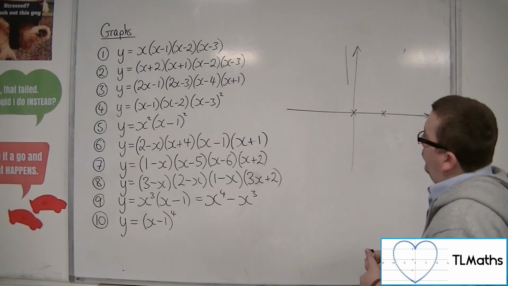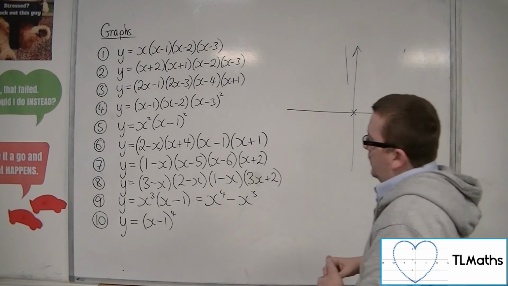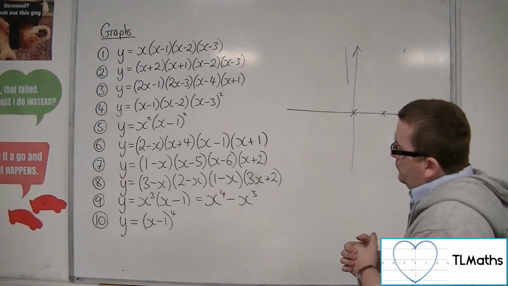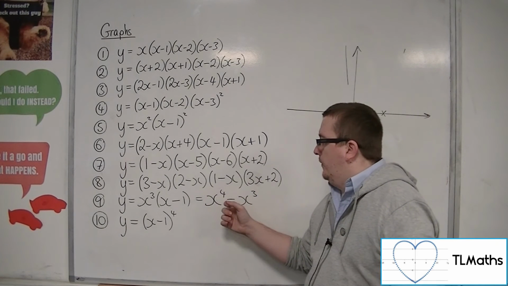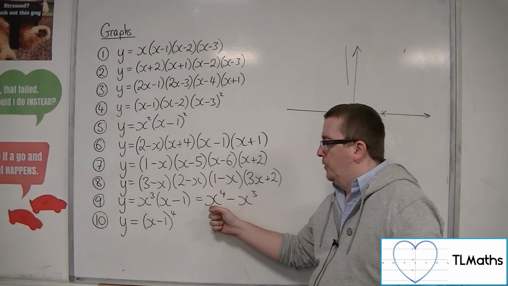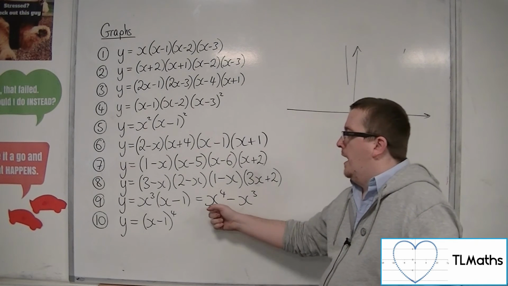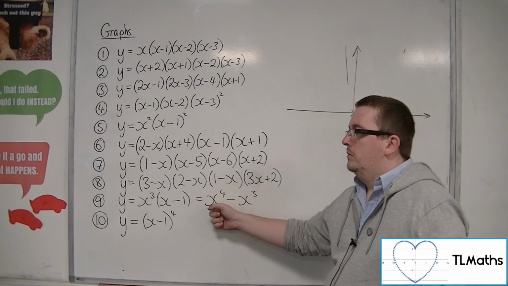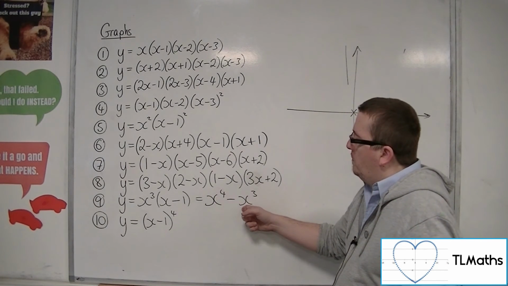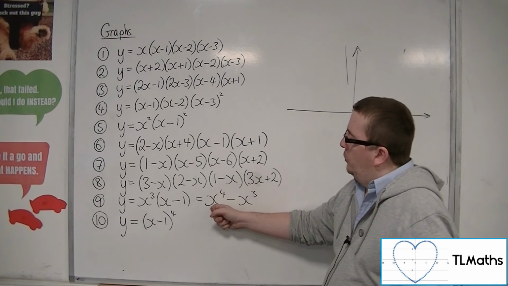When we're quite close to 0, this x to the 4 won't really count for much. This will overpower the x to the 4.